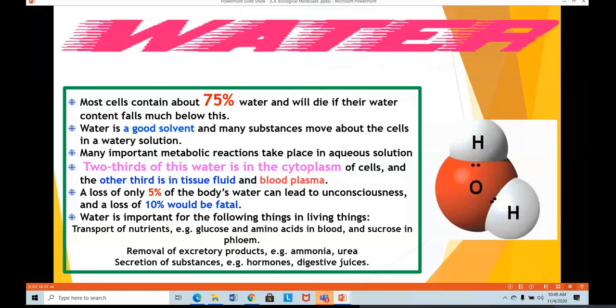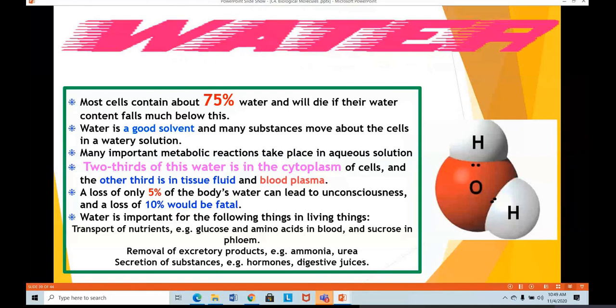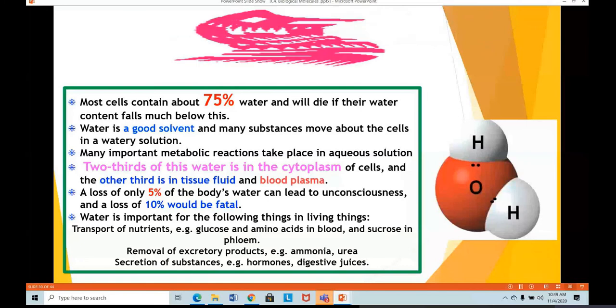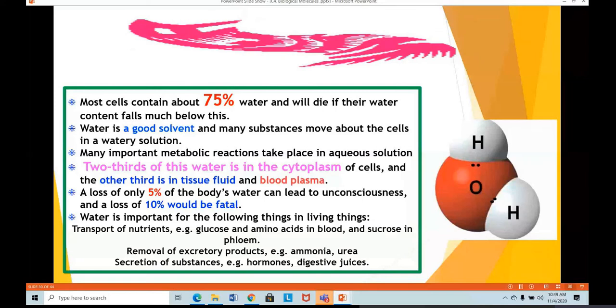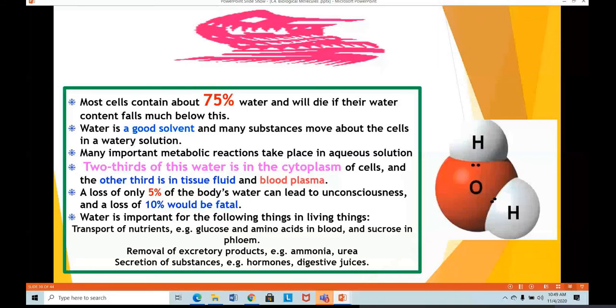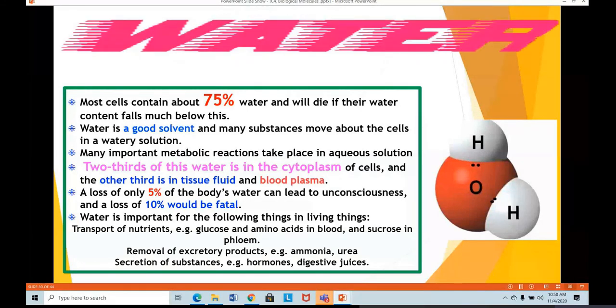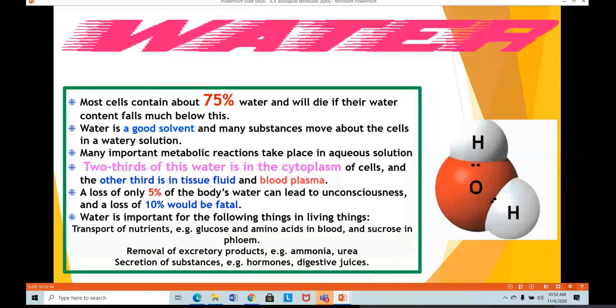So whenever young babies or children have dehydration, even adults, if you have continuous watery diarrhea and also vomiting persisting for more than 3 days, you are immediately admitted and you are given saline, which is glucose. You are given intravenous glucose. Why? Because you lose water due to dehydration. Okay, so it can cause a lot of effect. If you're losing 5% of the body's water, you can get unconscious, and 10% could be fatal as well. All right, so that is how important water is.